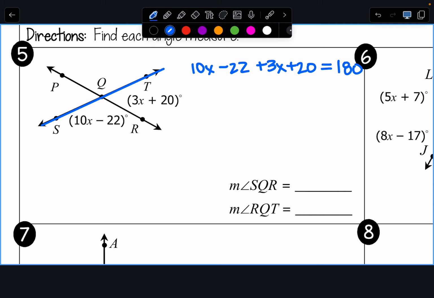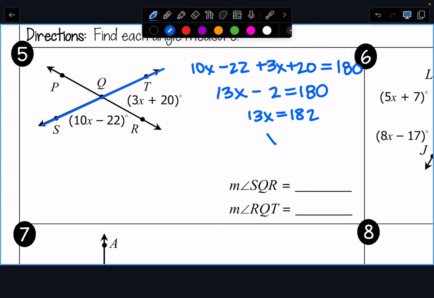Can we solve an equation? Yeah, we can solve an equation. All right, let's do that. 13x minus 2 equals 180. So 13x equals 182.